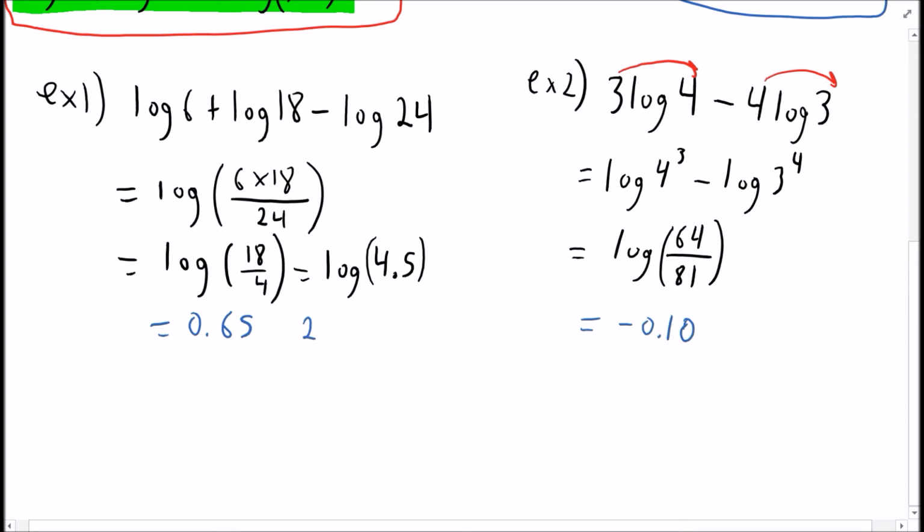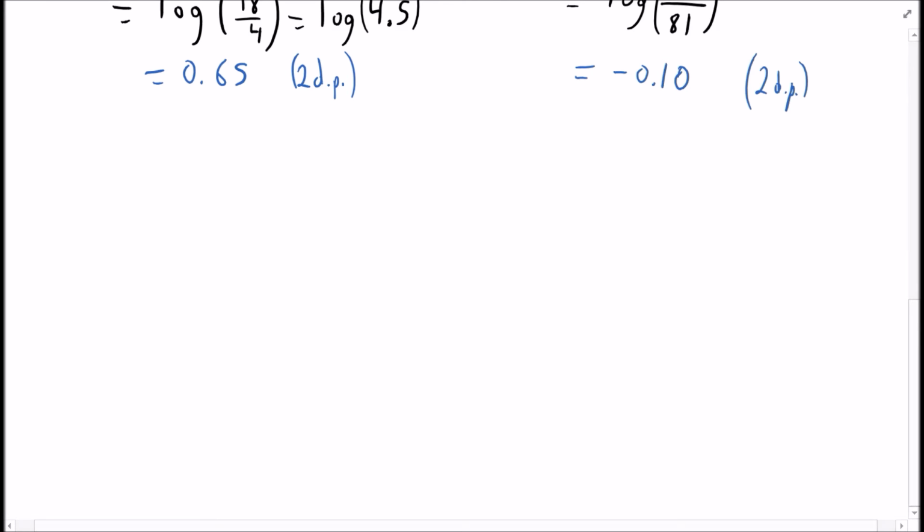And both of those would be to 2 decimal places. As I said, though, this next exercise isn't actually asking us to solve them, so they're not expecting you to write what I've just written in blue. They're happy with you to write, just simplifying it, the previous line above it.